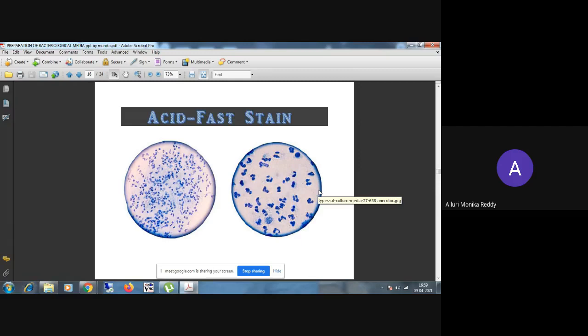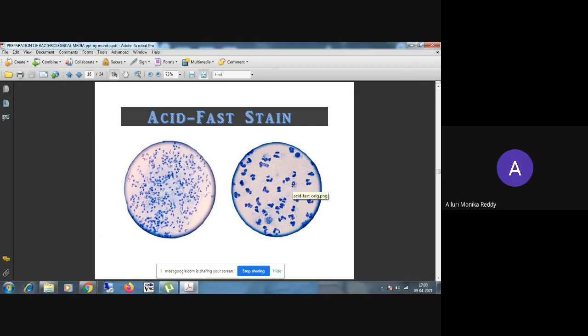For the counter stain, methylene blue is applied to the decolorized bacteria. Again it is rinsed off, dried, and examined.